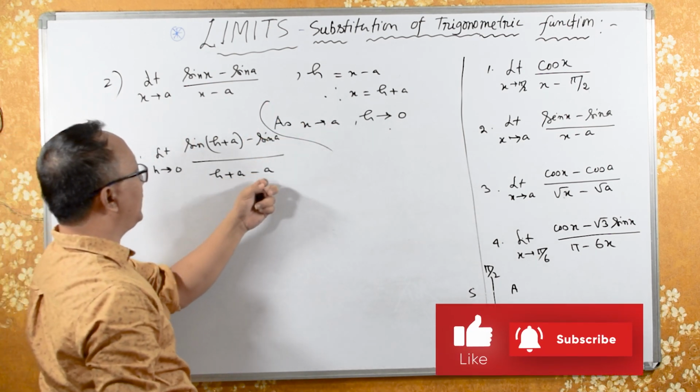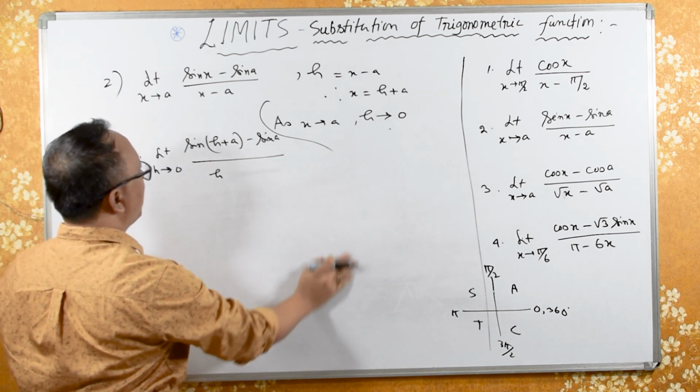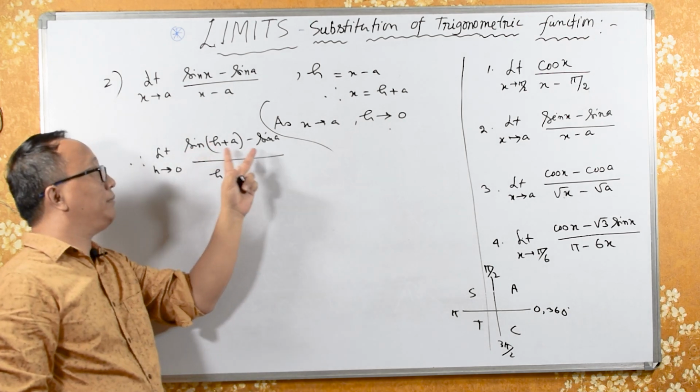Here minus a plus a gets cancelled, and here we have only h. Okay. Here we have to use the formula for sine c minus sine d.